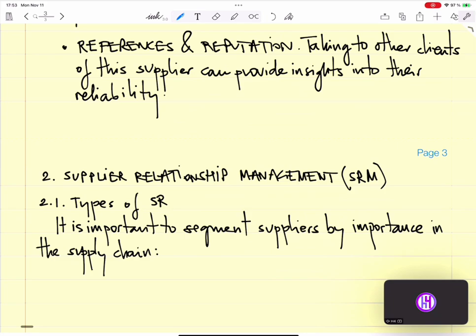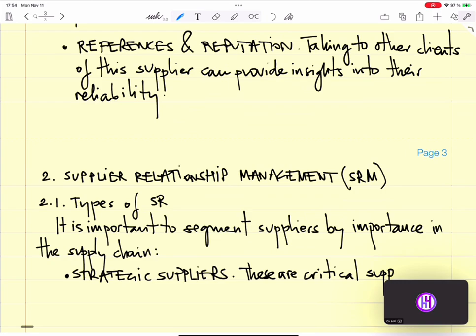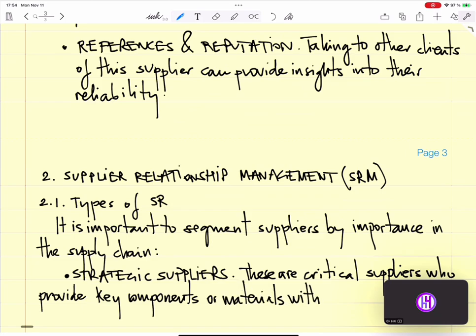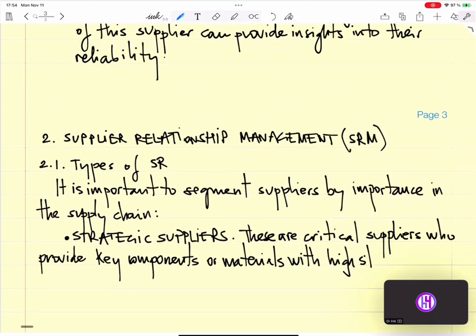So we have strategic suppliers. Okay, these are critical suppliers who provide key components or materials with high strategic value or a high impact on business operations.